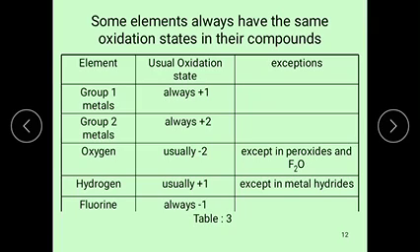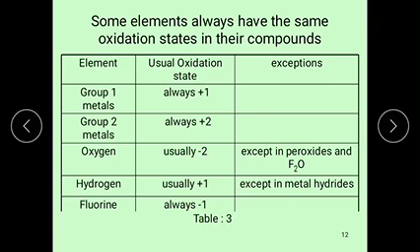Oxygen usually shows a -2 oxidation state, but in peroxide it is -1. Generally the hydrogen oxidation state is +1, except in metal hydrides.